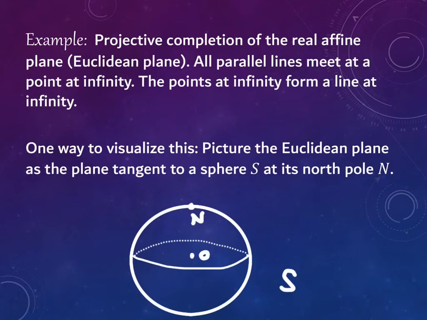And we're going to draw a plane tangent at point N. All right, so imagine a piece of paper sitting on top of a ball.